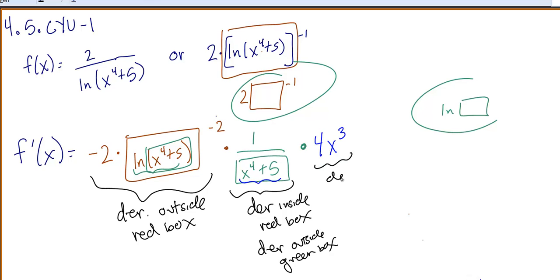And this is the derivative of the inside of the green box. If that makes sense. Or you just keep doing it as you go through. I do the derivative of the outside. Now I take the derivative of this inside, and I realize I use the chain rule again. And then when I get here, I realize I still need to take the derivative of that. So it's always derivative of the outside times derivative of the inside.